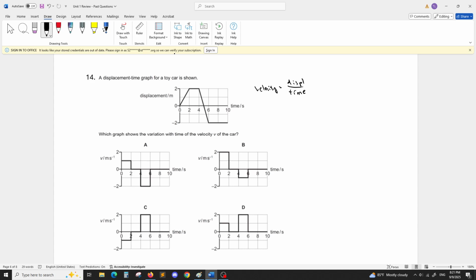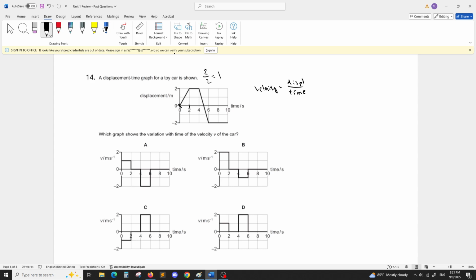Then our velocity graph should reflect the slope of each segment here. If we look at this segment, 0 to 2, we can see that the slope is 2 up, 2 over. So rise over run, 2 over 2, is equal to 1.